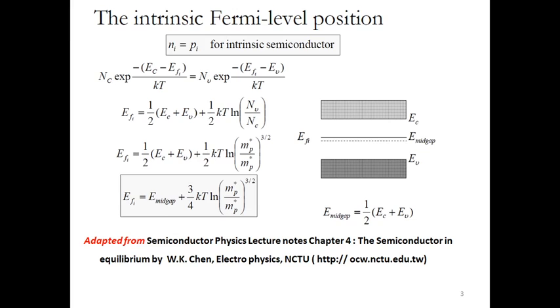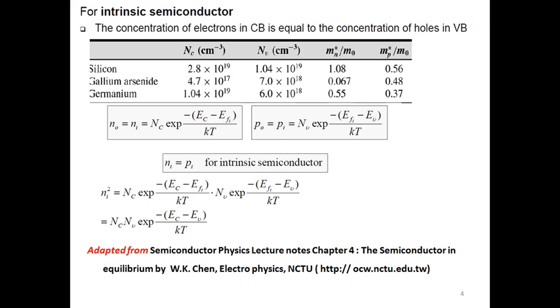This equation we already went through in the previous lecture, where NC is the effective density of states in the conduction band and NV is the effective density of states in the valence band. From that we already calculated that EF is equal to EG divided by 2. This particular slide and the next two slides are adapted from a website, and I am using them only for academic purposes.